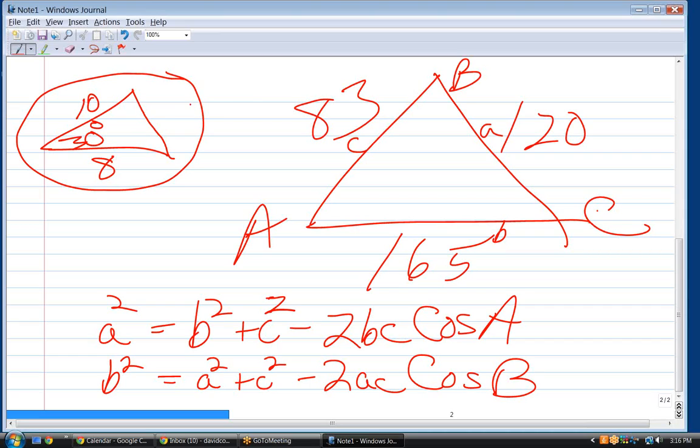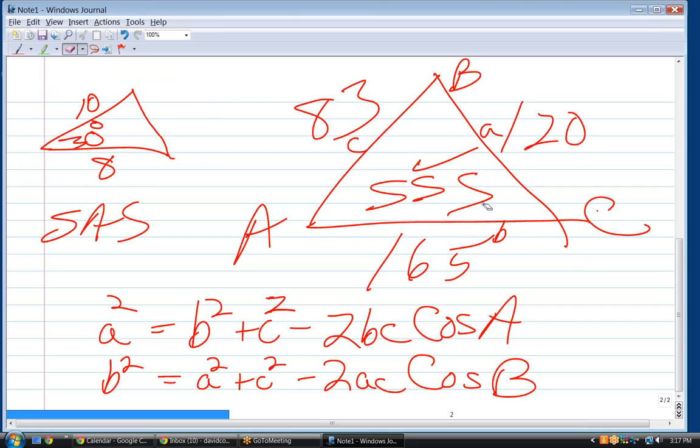So these two situations are the two situations where you have to use the law of cosines. Learn to recognize it. This one is side, angle, side, and this is side, side, side from your geometry days.